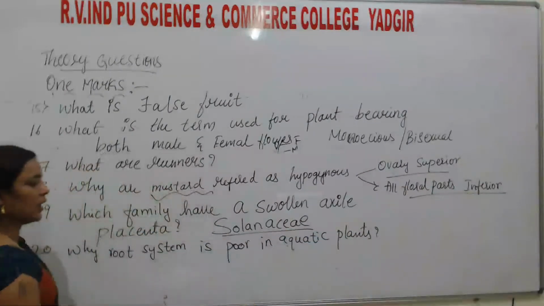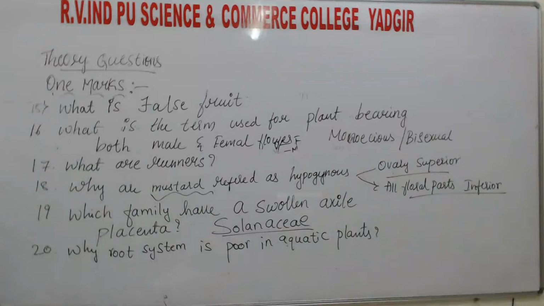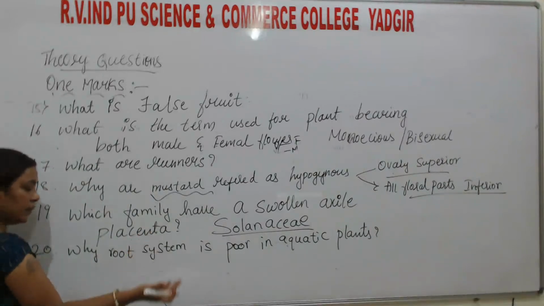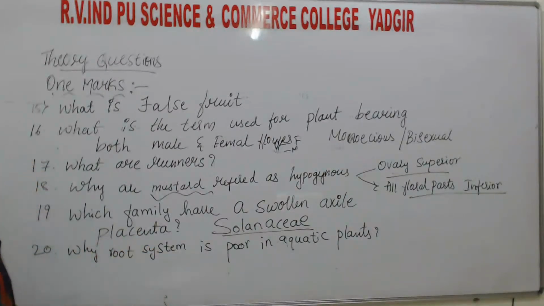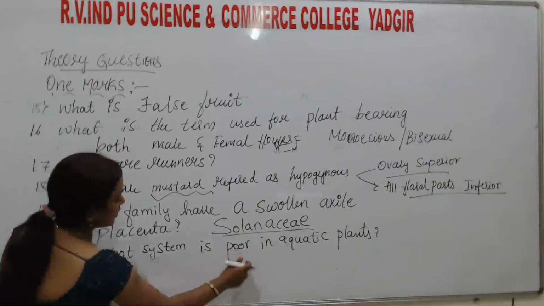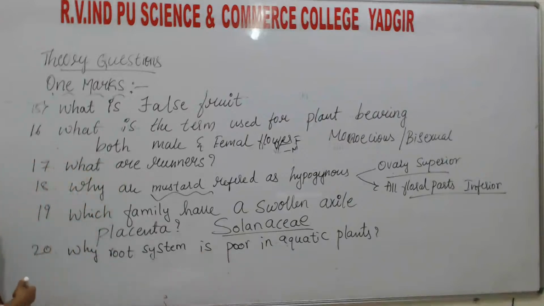Because first of all, aquatic plants don't have soil. So because of the absence of soil, the root system is poor. Also absorption of water and diffusion are not completely developed here. Hence, the root system is poor. Next question.